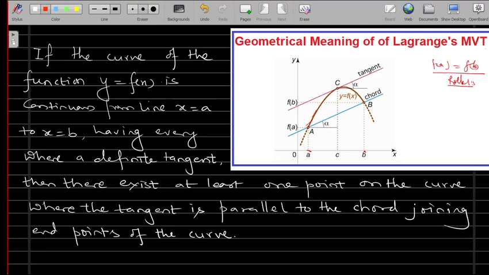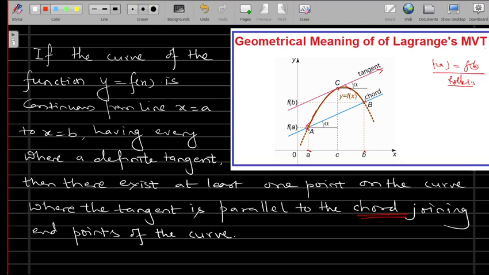Then there exists at least one point on the curve where the tangent is parallel to the chord joining the endpoints of the curve. So here is a point c. From that point, the tangent drawn is parallel to the chord joining the endpoints of the curve.